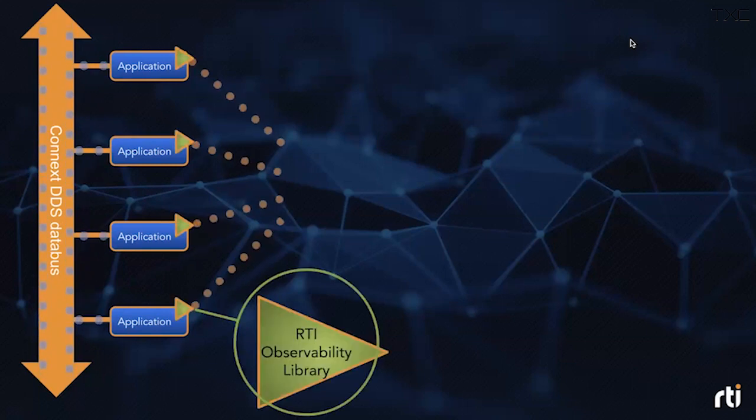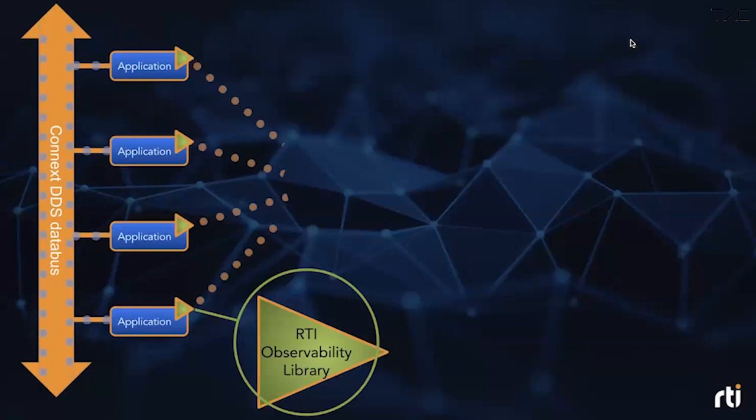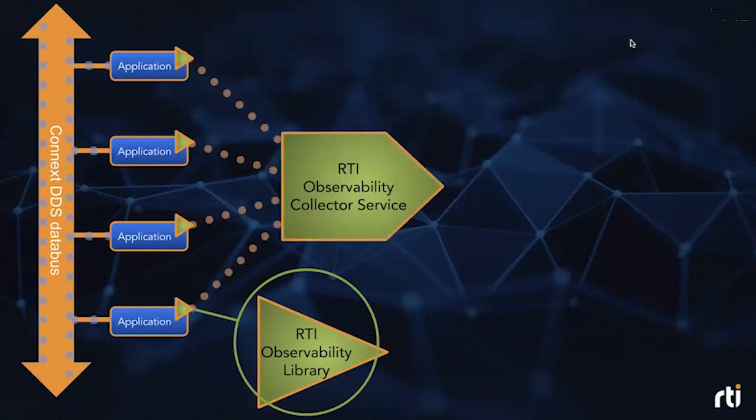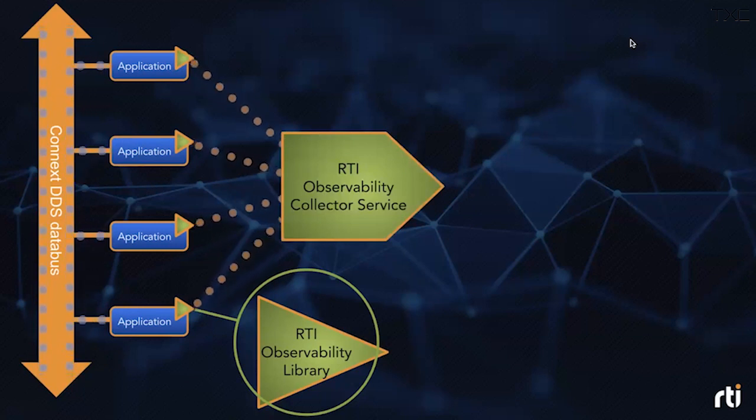So the observability framework is kind of an add-on to the framework that gives you the capability to monitor how the system is behaving. As we're showing here on the slide, it has a library that becomes effectively part of every application that's using the framework. The Connext framework includes a library that gets linked into all of your applications.